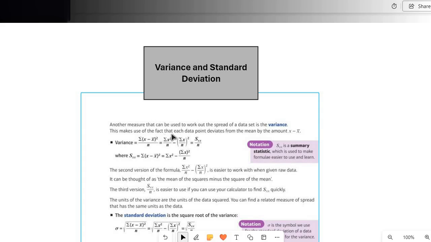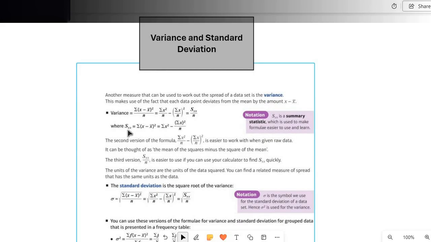This makes use of the fact that each data point deviates from the mean by the amount x minus x mean, where variance is equal to the summation of (x minus mean) whole square divided by n, or it can also be written as summation of x squared divided by n minus the mean whole square, which is equal to Sxx divided by n, which is the summary statistics of x, as given here, where Sxx is equal to summation of (x minus x mean) whole square, which is equal to summation of x squared minus (summation of x) whole square divided by n.